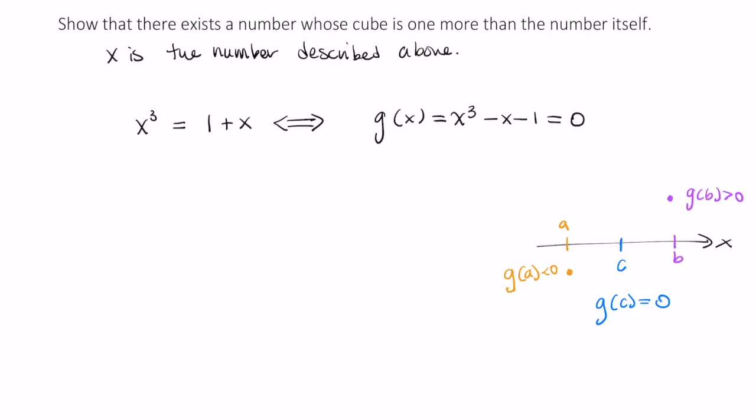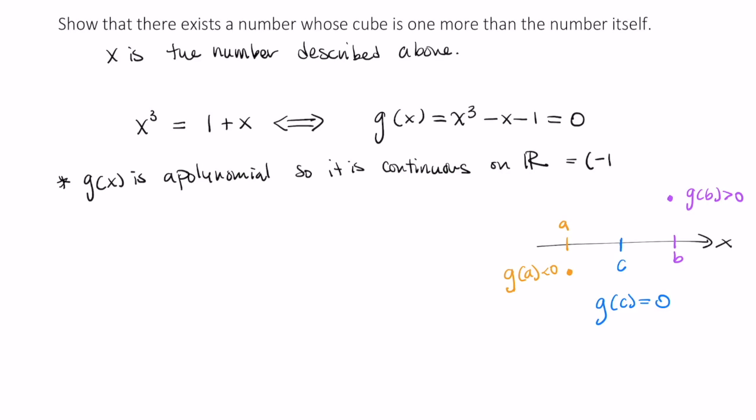Okay, so let's double check that we have the conditions met to use the intermediate value theorem. Now, g of x is a polynomial, so it is continuous on the real numbers, and in case you're rusty, that's negative infinity to positive infinity.